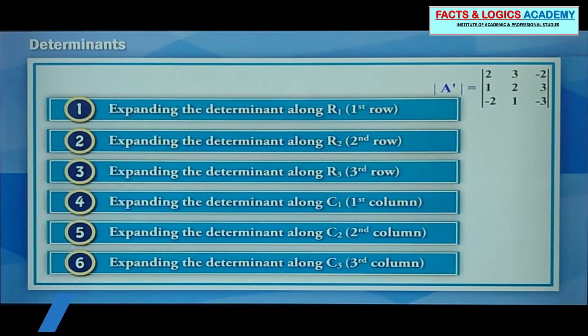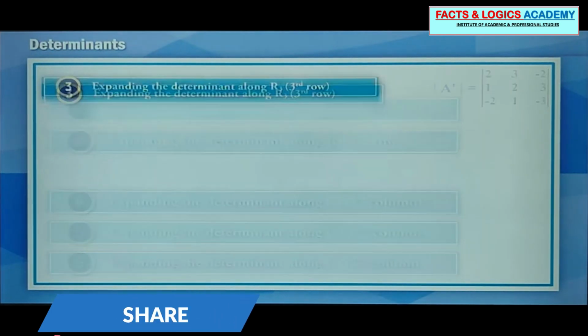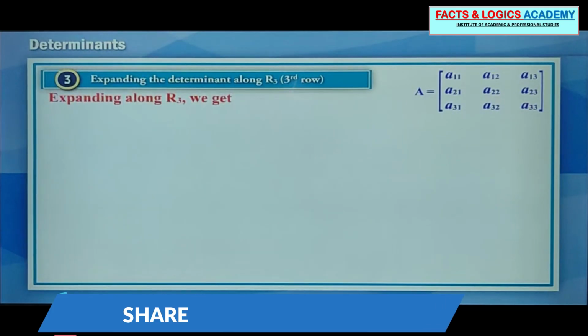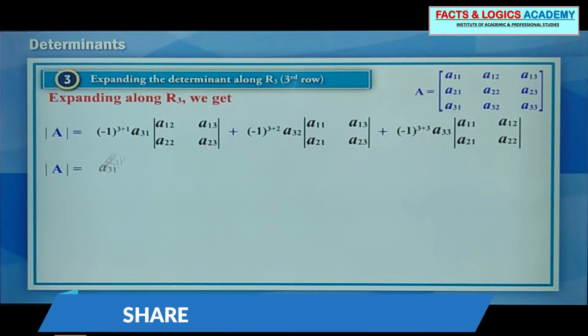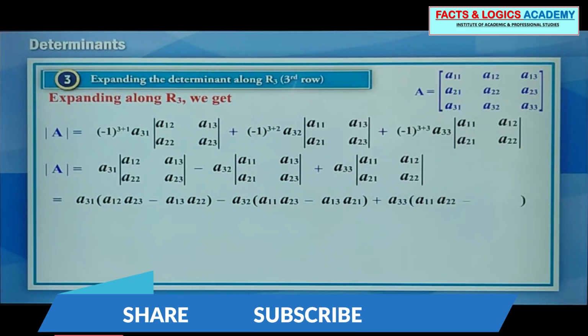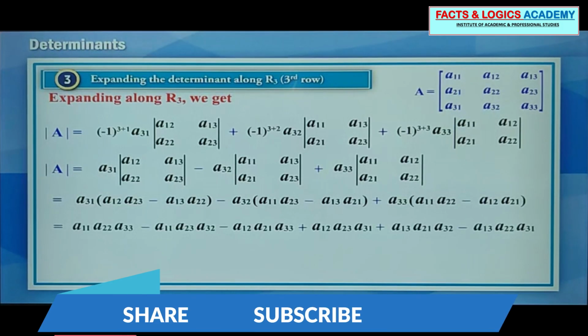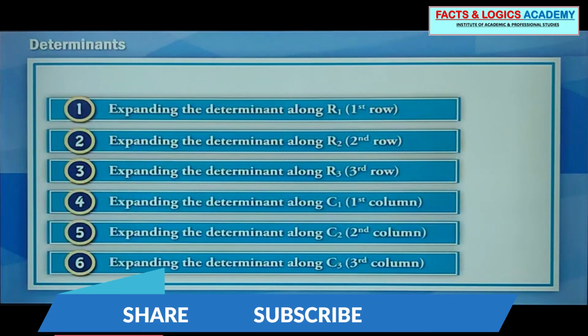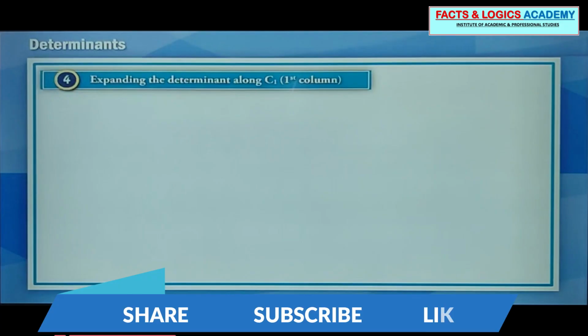Following the same 4 steps, the determinant of A can be found on expanding it along the third row as shown. The required determinant of A is as shown. In a similar manner, the determinant of matrix A can be expanded along each column.